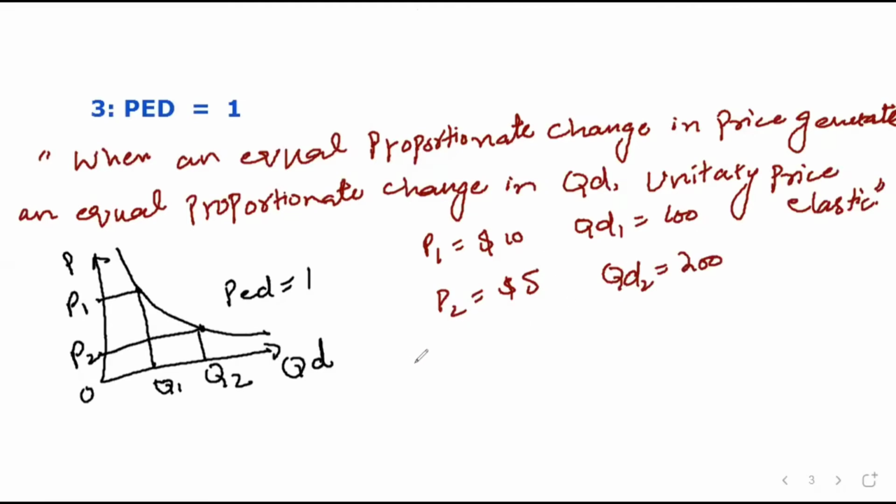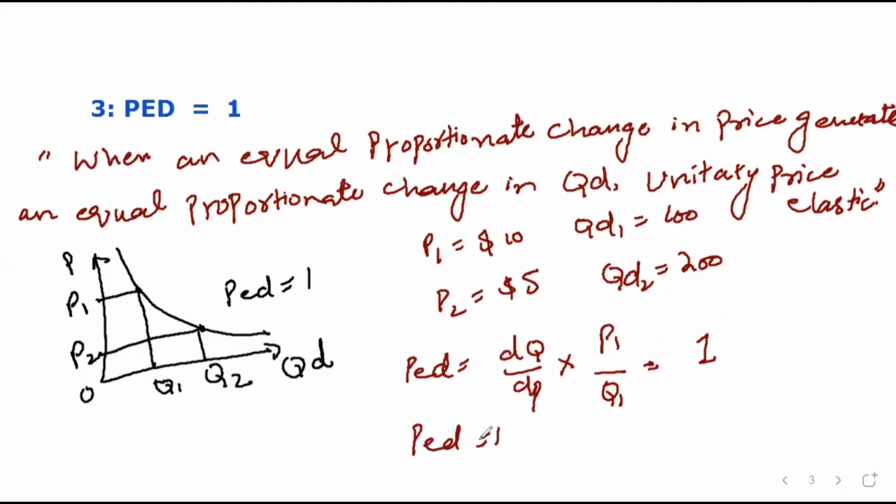If you put these values in the formula, delta Q over delta P into P1 over Q1, then our answer will be 1. So PED equal to 1 is called unitary elastic demand.